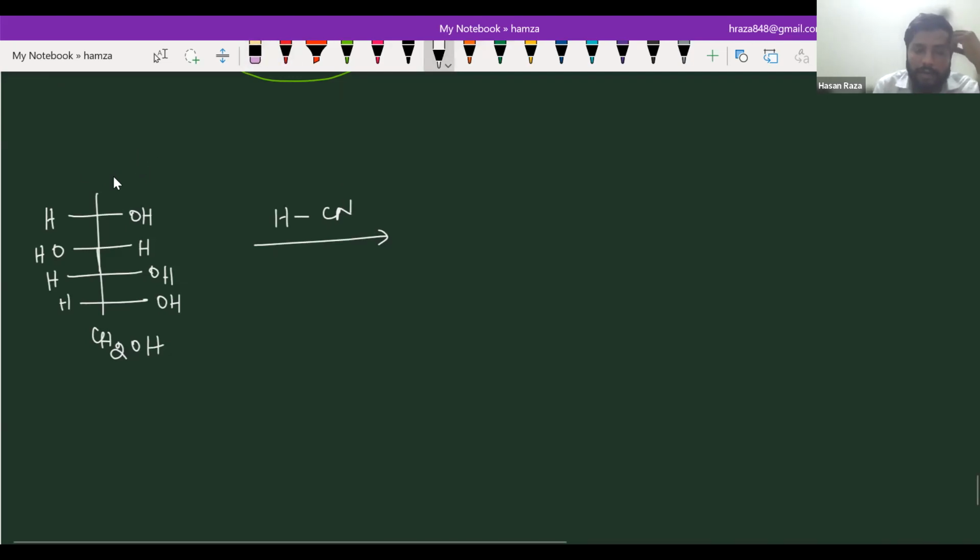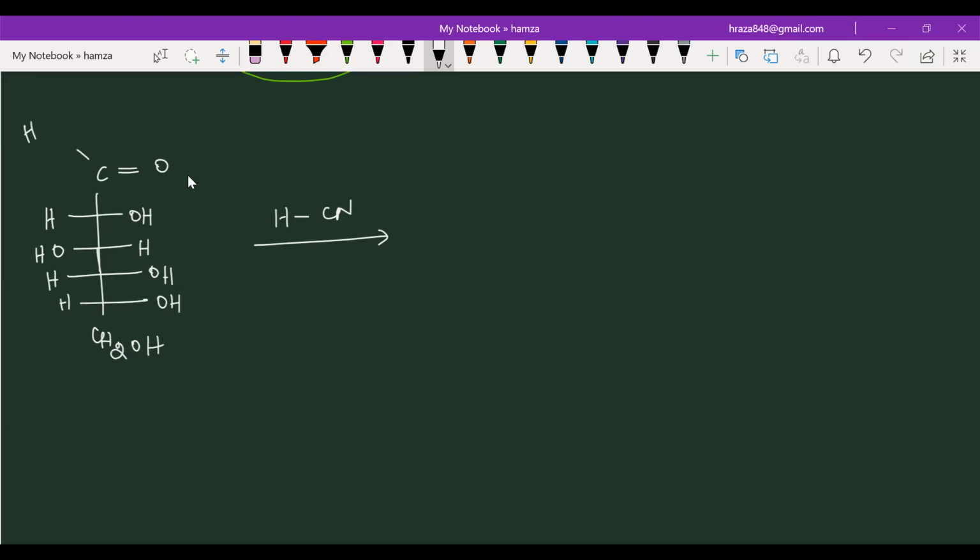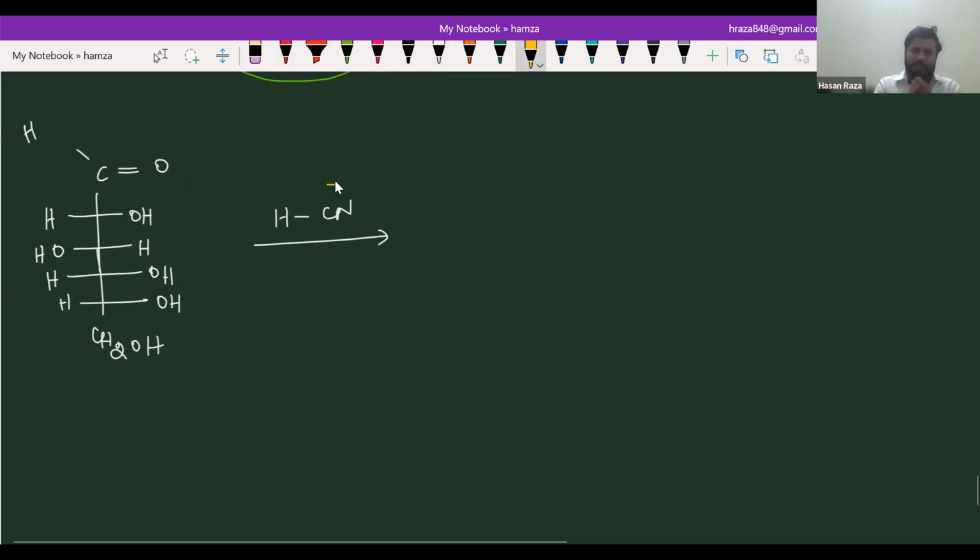So can I write this CHO as this? I just expand the structure of CHO. Is there any problem if I write CHO like this? No, sir. Now see, whatever I just explained above, there will be negative, there will be positive, and then again negative and positive. Now what happened? This positive will go to this negative, and this negative will go to this positive.